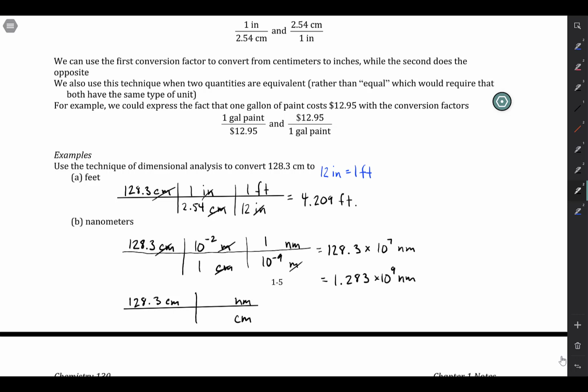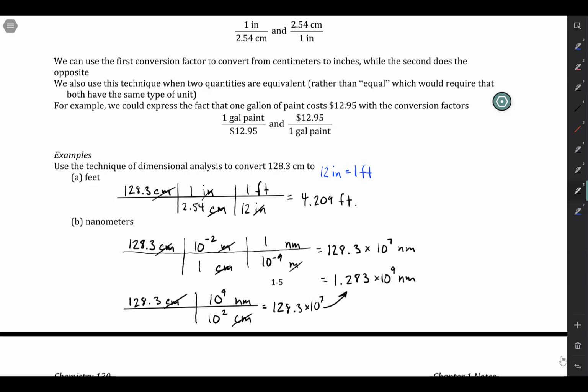So the reciprocal of 10 to the minus 2 is 10 to the positive 2. And then up here, the reciprocal of 10 to the negative 9 is 10 to the positive 9, which would again give us 128.3 times 10 to the 7, which of course is equal to the answer we got previously.